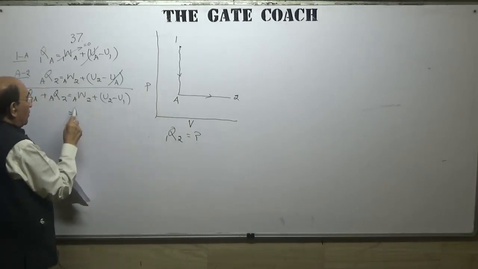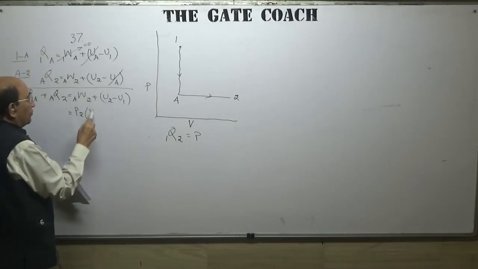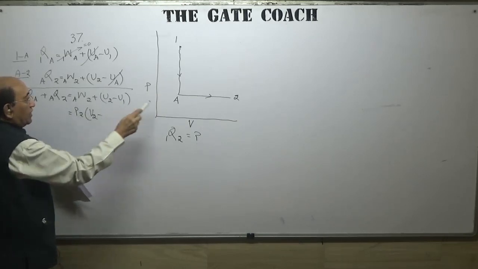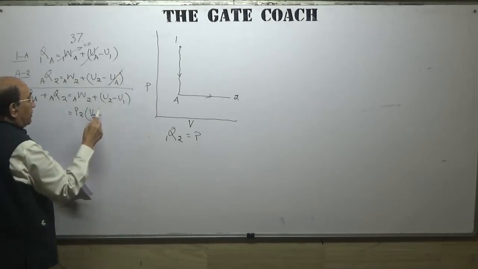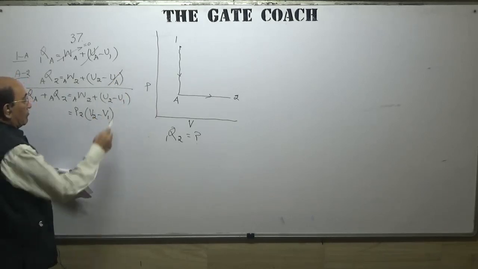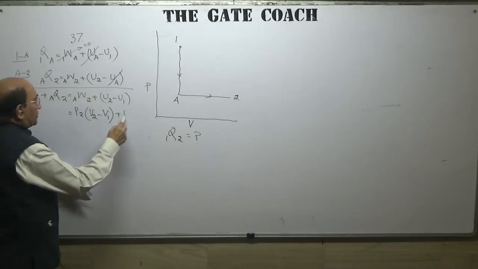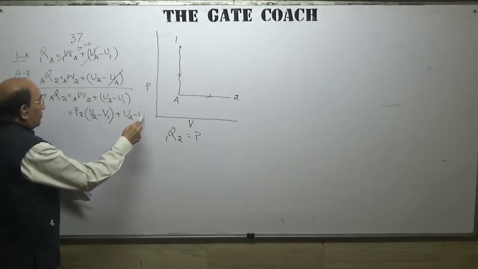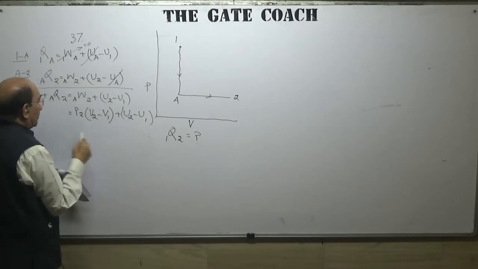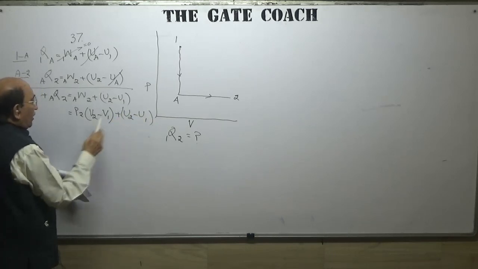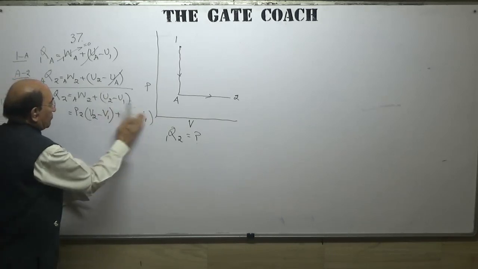WA2 is P2 into V2 minus VA, and VA is the same as V1, plus U2 minus U1. And what is U2 minus U1?